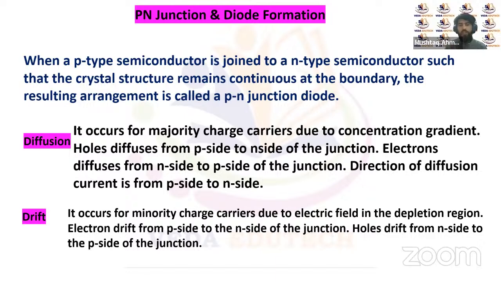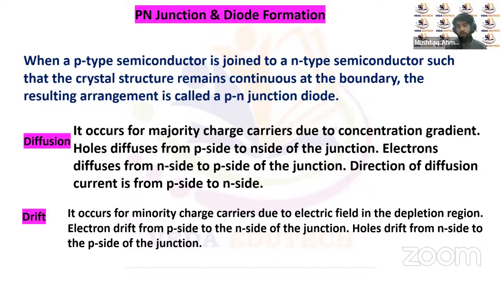When we join the P-type and N-type semiconductor, diffusion occurs across the junction. So there is a flow of holes from the P-type and a flow of electrons from the N side of the junction. This leads to the formation of the diffusion current, and the direction of this diffusion current is from the P side to the N side of the semiconductor, right?